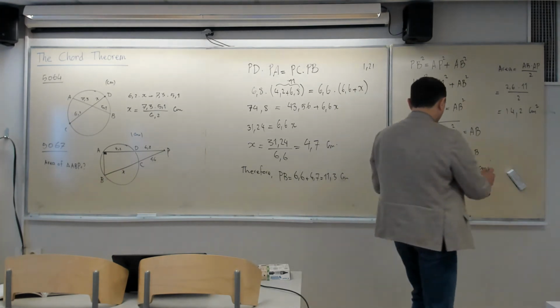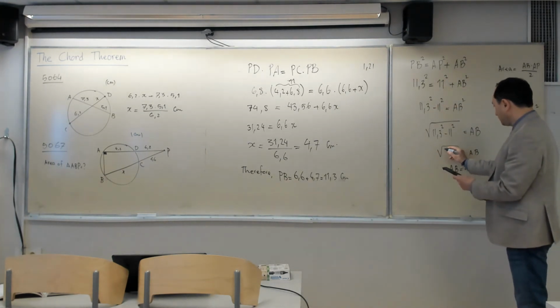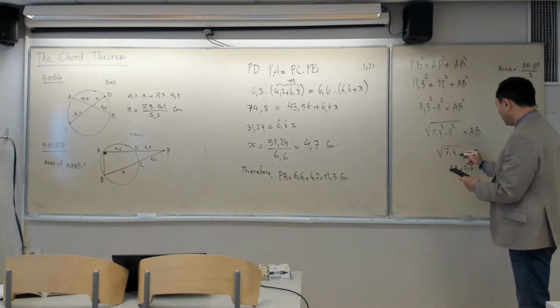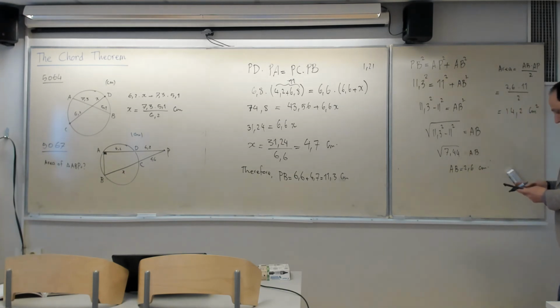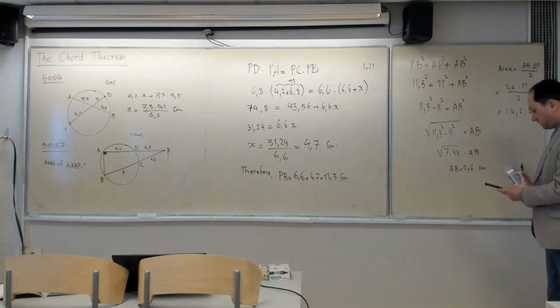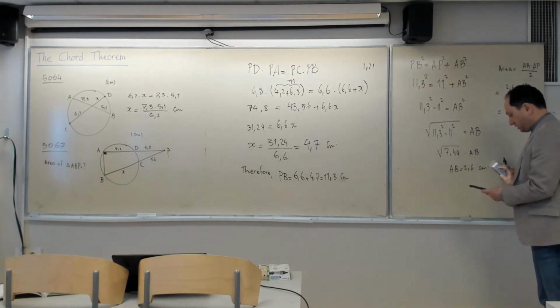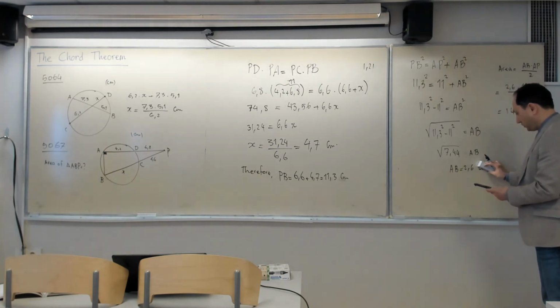So according to the calculator, this answer is 7.44. And then I take the square root from here. Square root of 7.44. So this is 2.727.